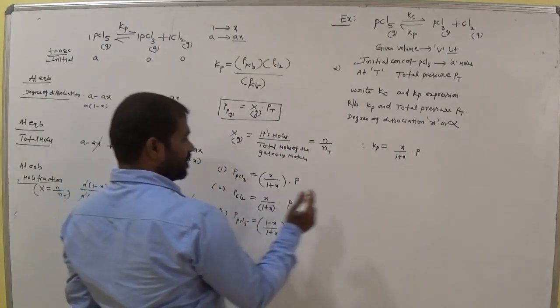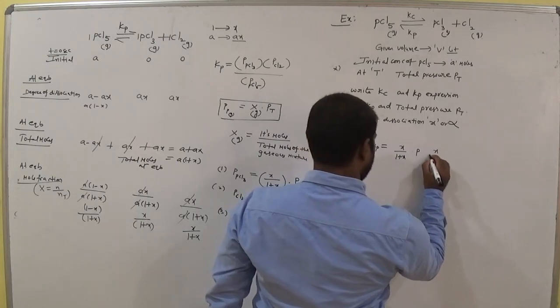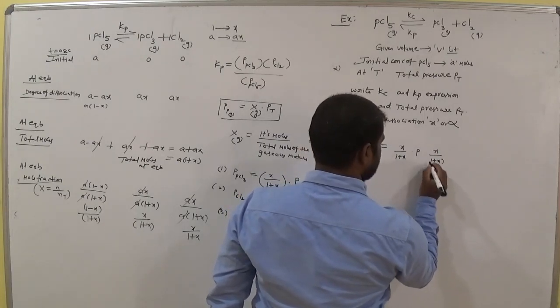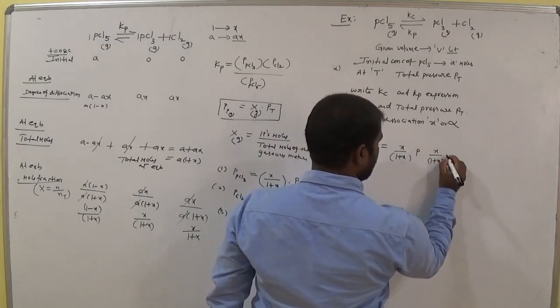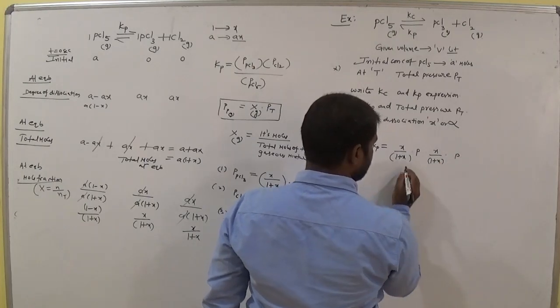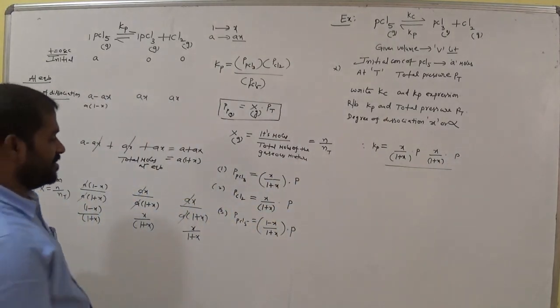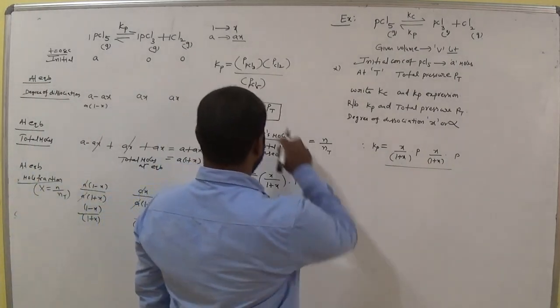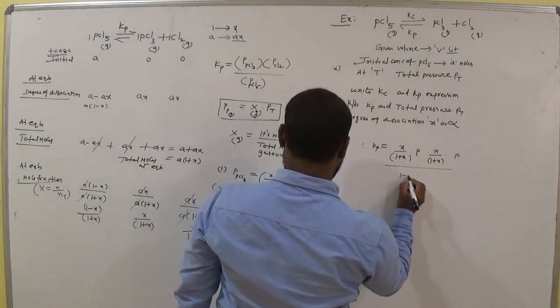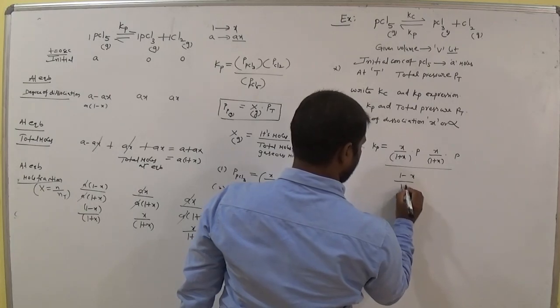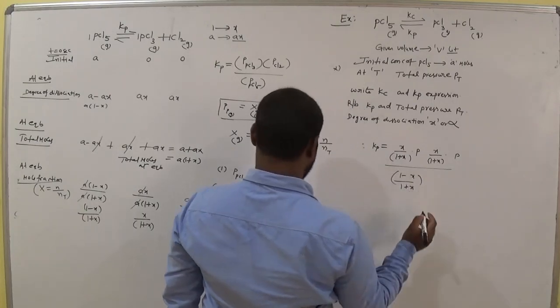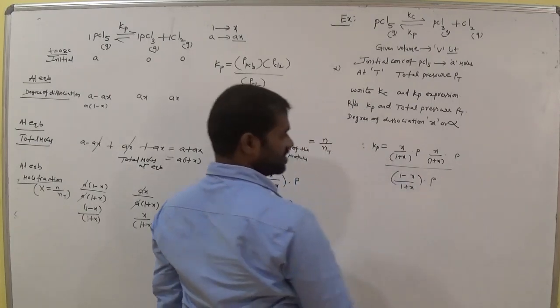It is also X by 1 plus X into P, am I right? Divided by, what about partial pressure of PCl5? That is 1 minus X by 1 plus X into P. Is it clear, all of you?